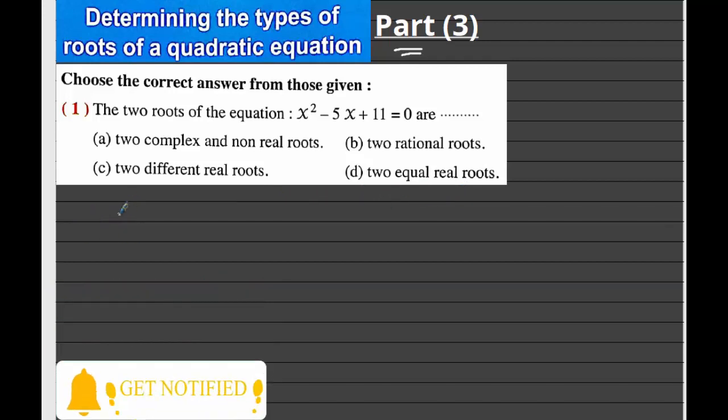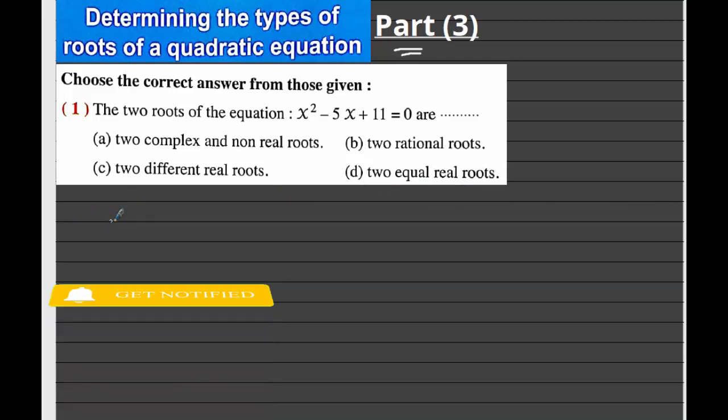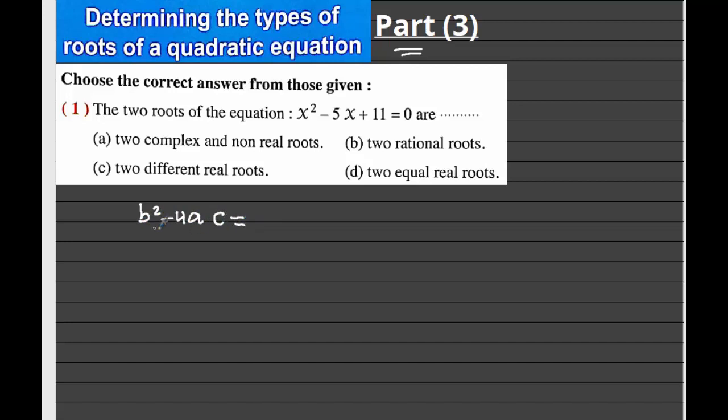For this, we will use the discriminant. The discriminant b squared minus 4ac, where b is the coefficient of x, which equals negative 5. So we have negative 5 all squared minus 4 multiply a.